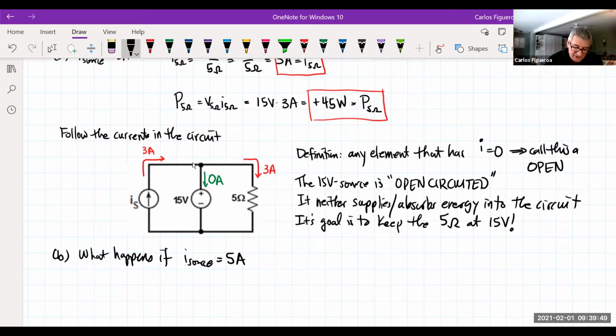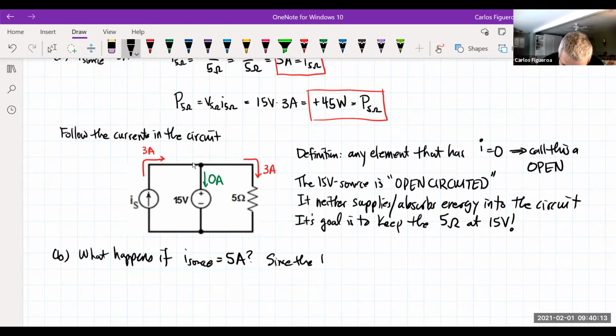Well, the question is this. Did the voltage across the resistor change? No, because the voltage of the resistor didn't change. It still puts out that same amount of current. It's still going to get 3 amps of current.